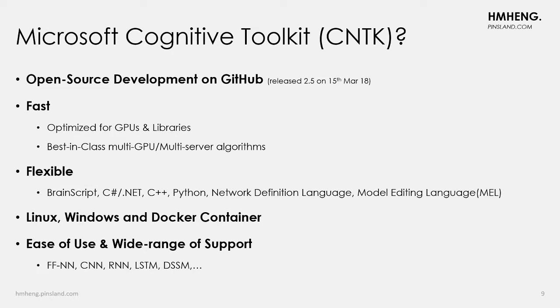It runs on Linux, Windows, and Docker containers, so since it supports Docker containers, you can run on Mac OS, Linux, or Windows. It is also very easy to use and has wide support for models like FFNN, CNN, RNN, and so on and so forth.